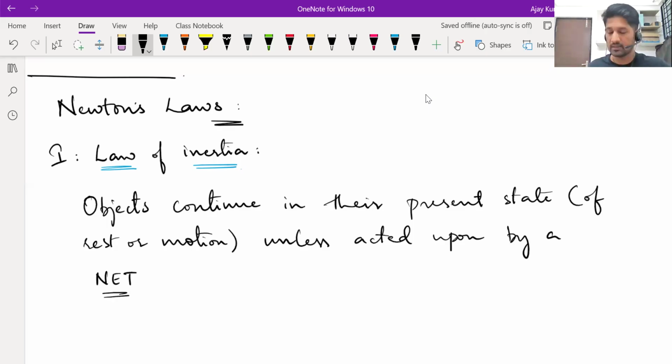Net means the resultant non-zero force. So basically what it means is that objects can only be disturbed by forces. And the reverse is also true. If there is an unbalanced force on an object, it will definitely disturb the object.